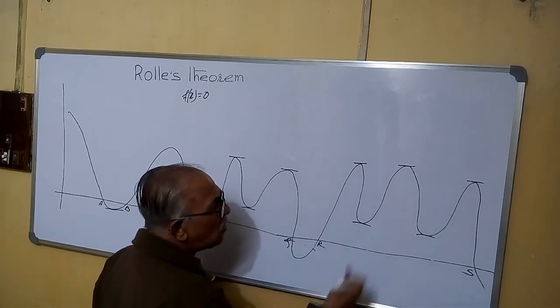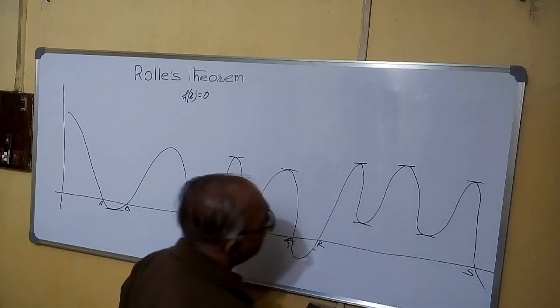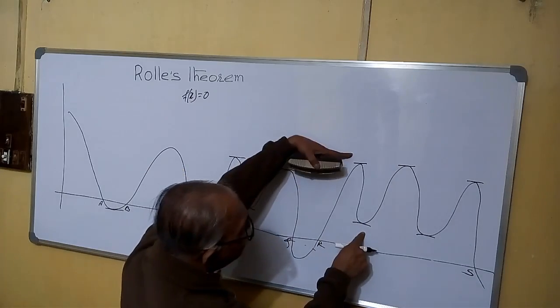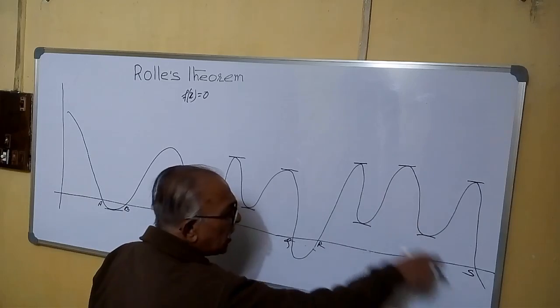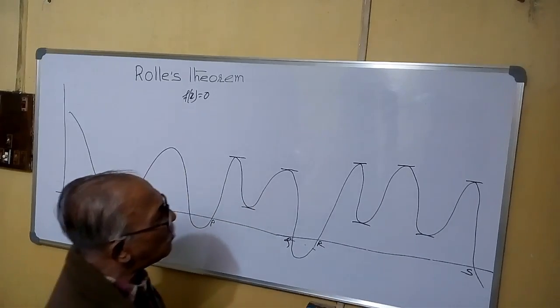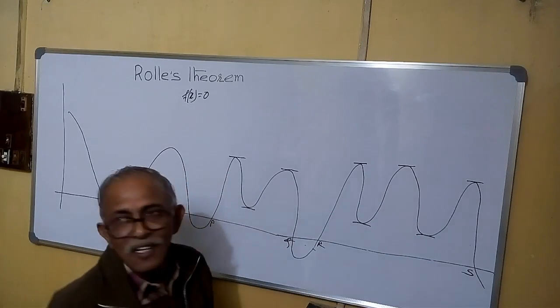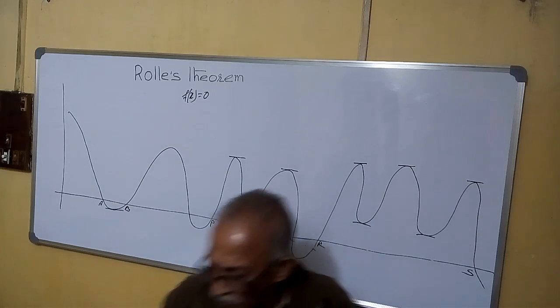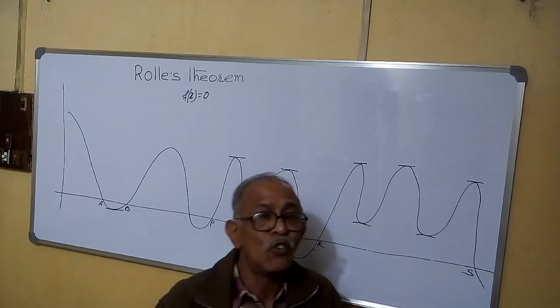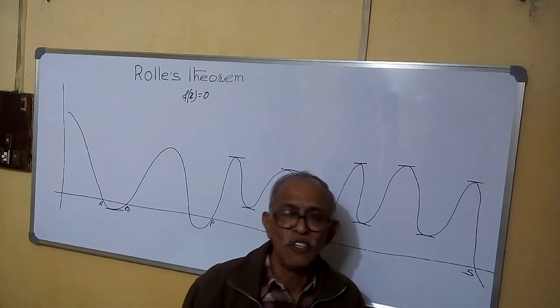That means if it is not turning. So at least one more turning point is there. So after 2, there will not be another root. For getting another root, it has to again take a turn. So that's why there will be only an odd number of real roots of f'(x) equals 0.